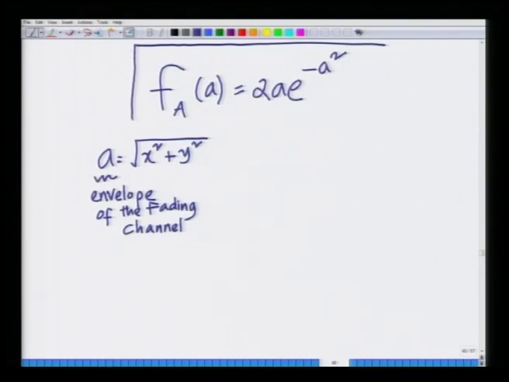This is a very important result for us. This distribution has a name. This distribution is known as the Rayleigh distribution.